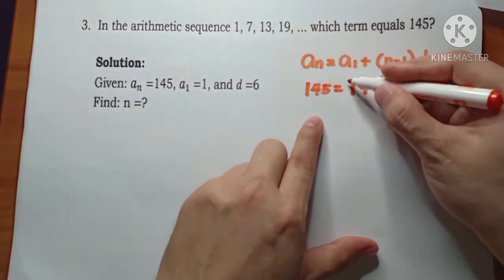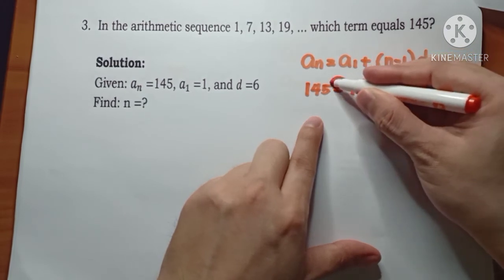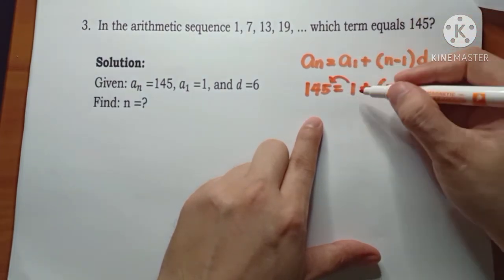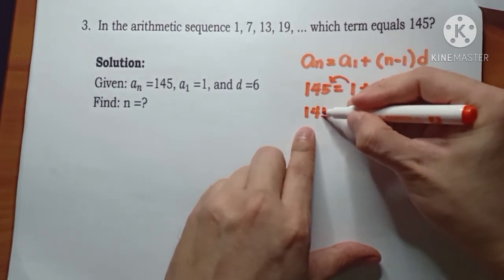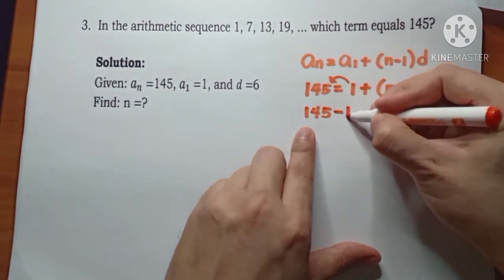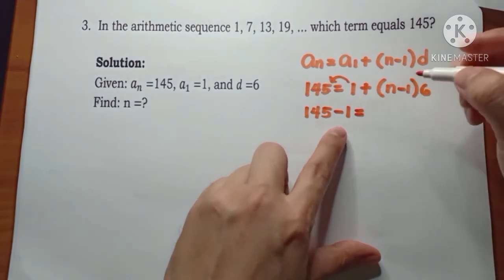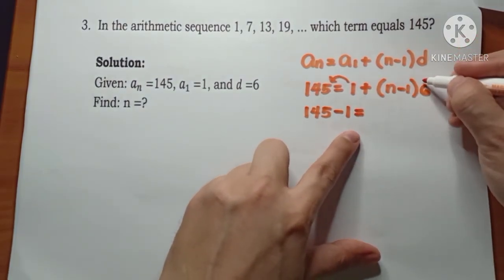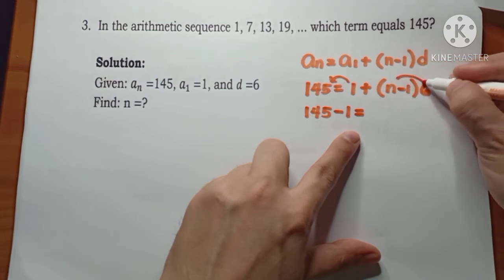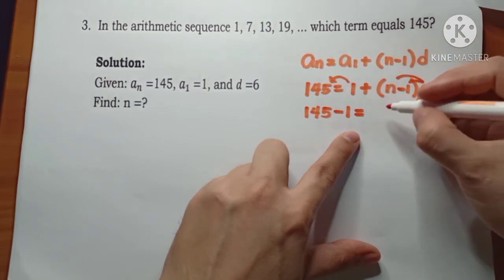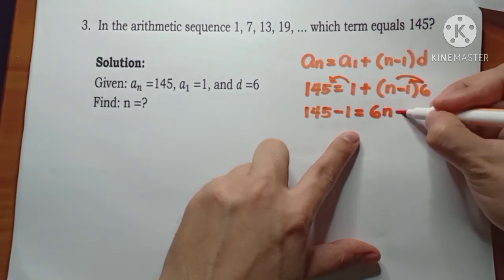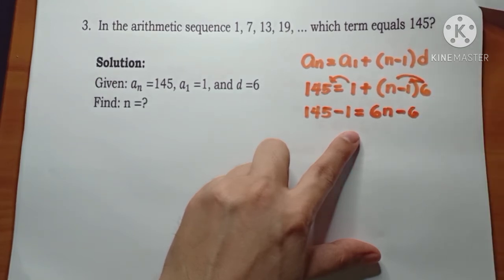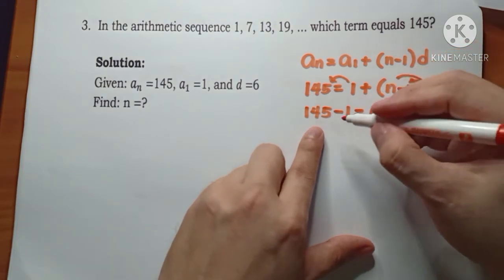So, ilipat muna natin yung positive 1 sa kabila. So, 145 minus 1 is equal to, ito naman, multiply naman natin siya dyan. So, therefore, that is 6n minus 6. Okay. So, this is 144.